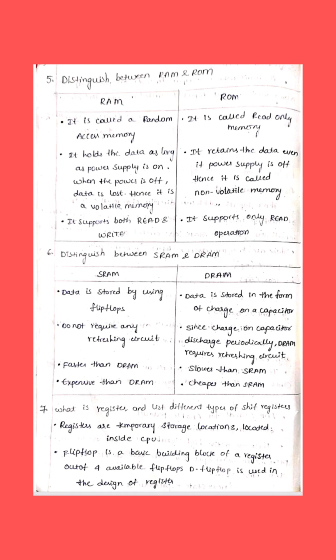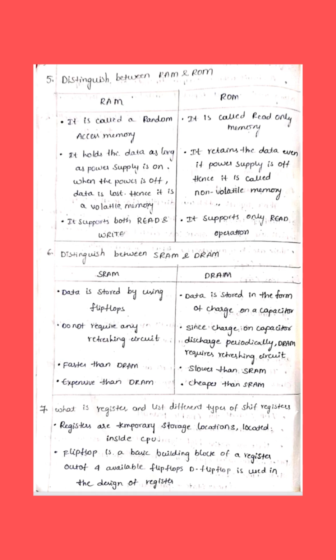ROM retains the data even if the power supply is off, and that's why we call it non-volatile memory. RAM supports both read and write operations, whereas ROM supports only the read operation. We can read the data stored in ROM; read only memory.